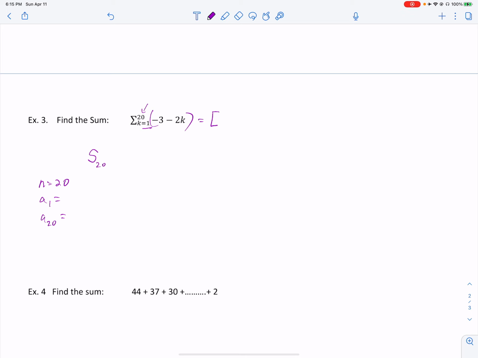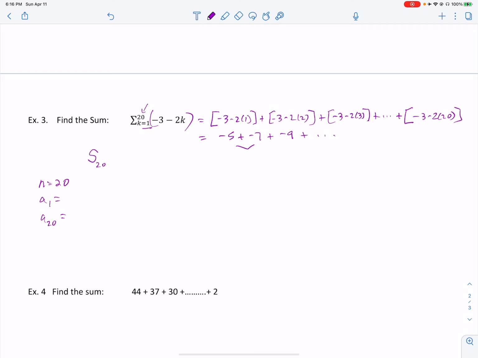Well, how we do this is we let k be 1, then we let k be 2, then we let k be 3. Excuse me, that should be enough to check. And then the last term is when k is 20. So I've got a minus 5, a minus 7, a minus 9.